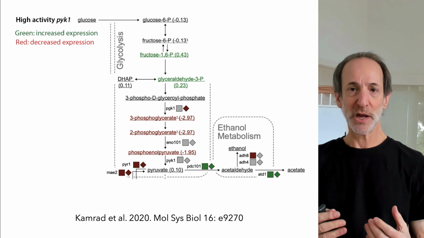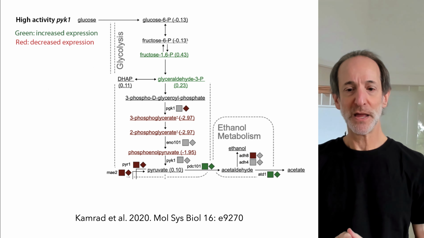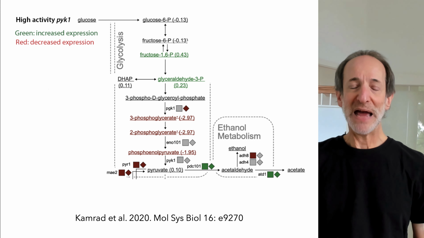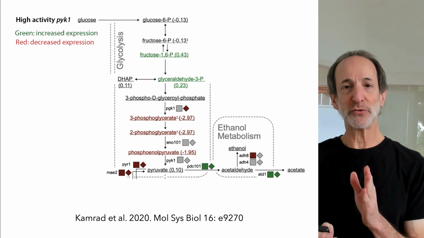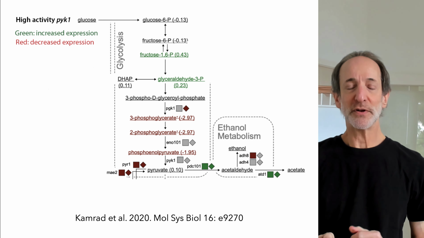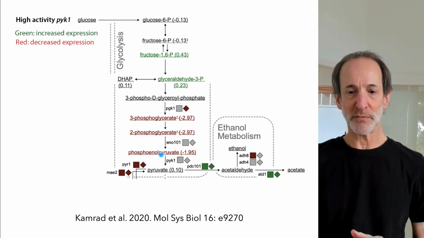I believe there were about 160 isolates or different strains that were evaluated. So in this yeast species, they discovered among the different isolates a polymorphism in a single important allele that's involved in glycolysis, and that's the pyruvate kinase gene that transforms this particular molecule into pyruvate, PYK1.